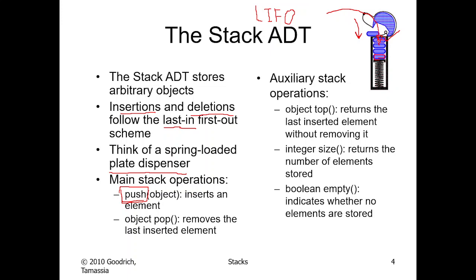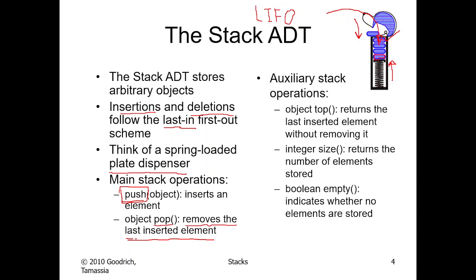And when you take something out, it basically pops out. Since this is spring loaded, the spring applies force in this direction against the weight of the plates. So the plate or the bullet pops off or pops out. So the pop operation, we call it, is basically the removal of the last inserted element on the stack.